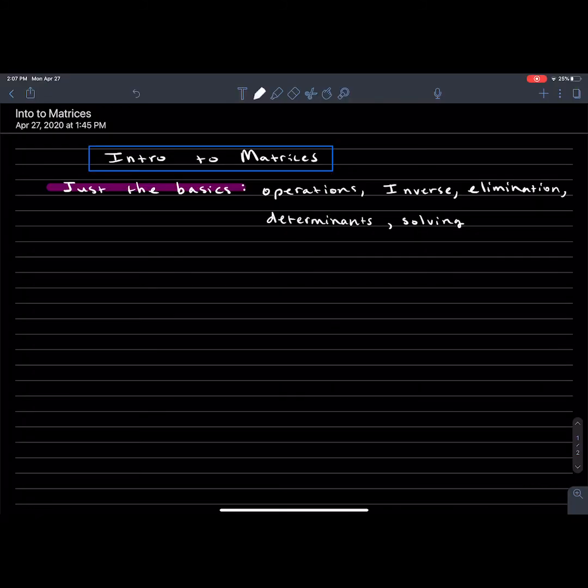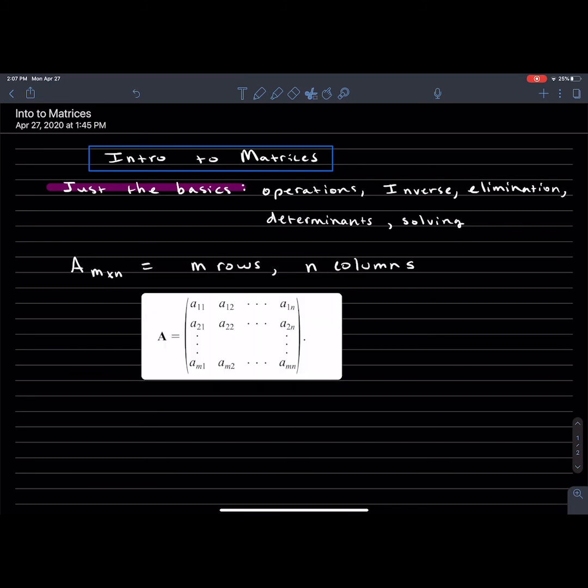Okay, starting off, we have an m by n matrix, and that means you have m rows and n columns, and this is what it looks like. In the end, you can see we have m by n.